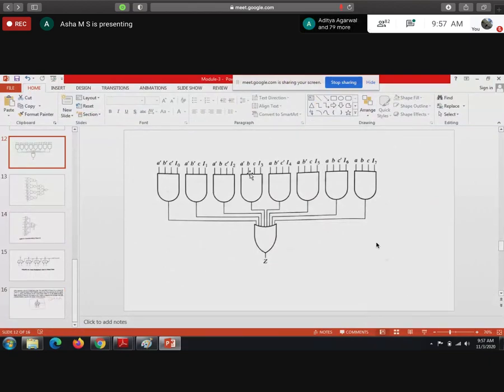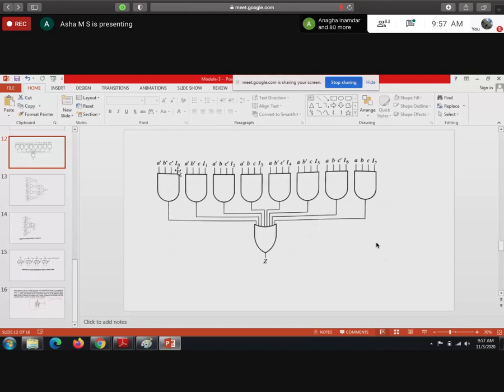Suppose I want to invert my data. When A B C equal 0 0 0, this will be selected and this will be reflected here. Now I don't want data as it is, I want my input to be inverted. See, 1 2 3 4 5 6 7 8, either I need to replace these 8 AND gates with NAND gates, or add an inverter at the beginning of I0.